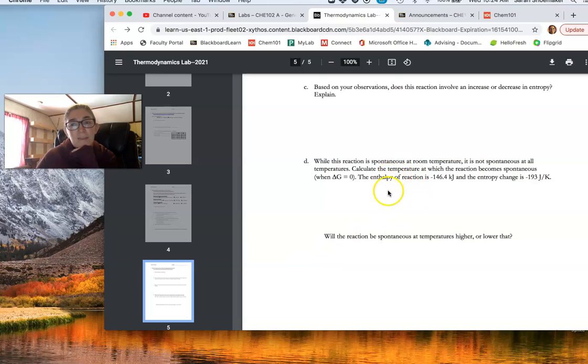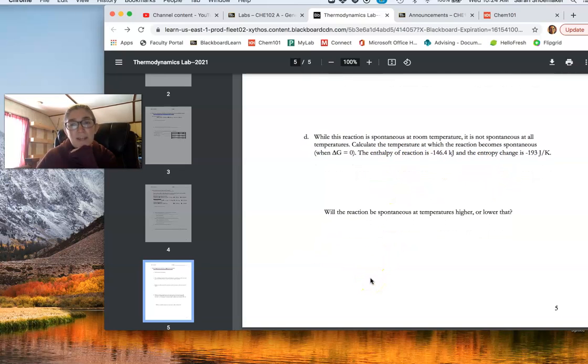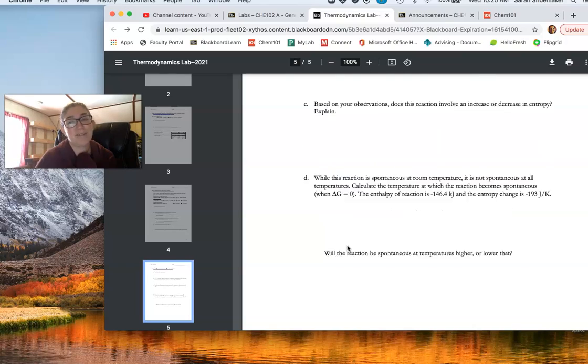And I give you the enthalpy and the entropy for this reaction. And then I want you to tell me, is the reaction going to be spontaneous at temperatures higher than that or lower than that? In other words, is this going to be a reaction that's spontaneous at high temperatures or low temperatures? We already know it's not a reaction that's spontaneous at all temperatures.